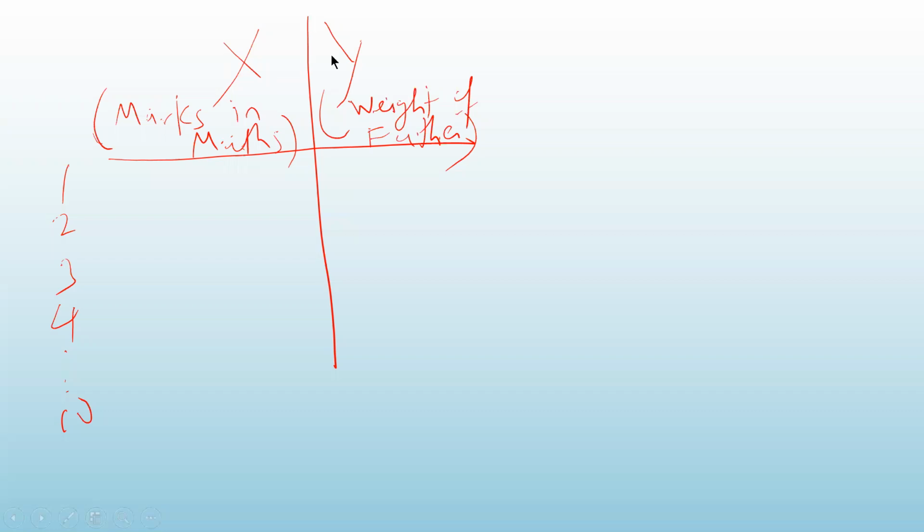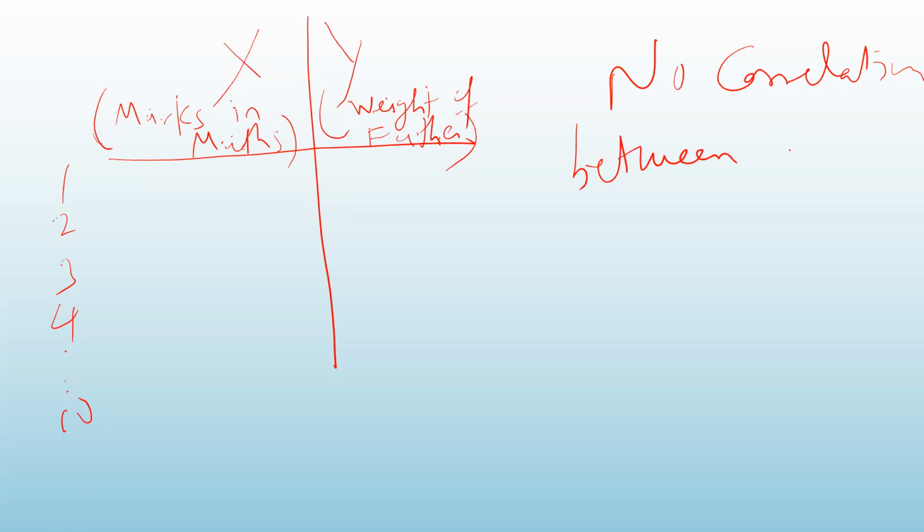So there is no correlation between X and Y. So we have seen three types of correlation. One is positive correlation, second is negative correlation, and third one where there is no correlation.